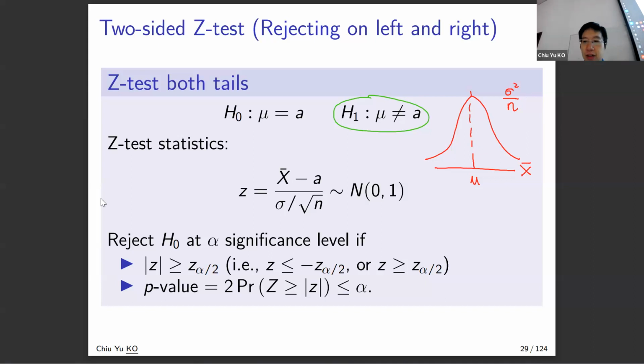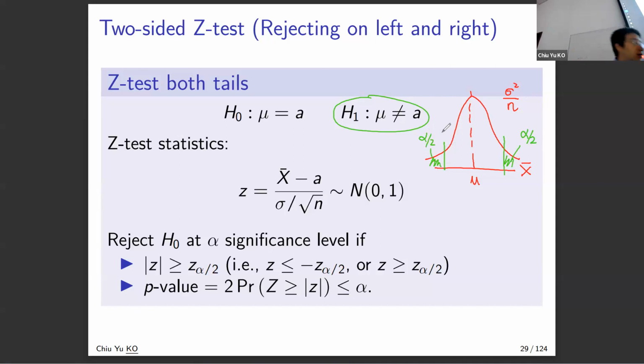If it is too large or too small, you are not very happy, because not equal to is the consequence. And here's a little trick: we have to use alpha over 2 instead of alpha.